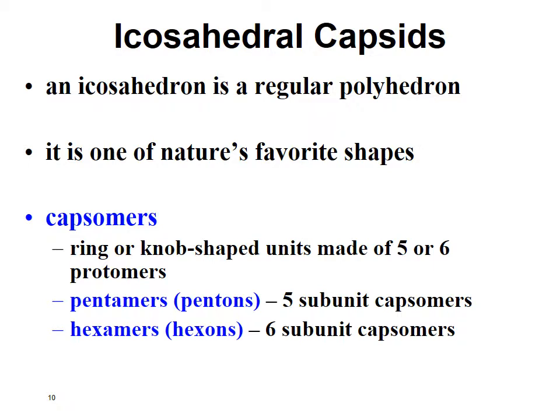The icosahedron is a complex structure. The capsids are constructed from ring or knob-shaped units called capsomers. Each capsomer is usually made of 5 or 6 protomers. Pentamers have 5 subunits, hexamers possess 6 subunit capsomers.